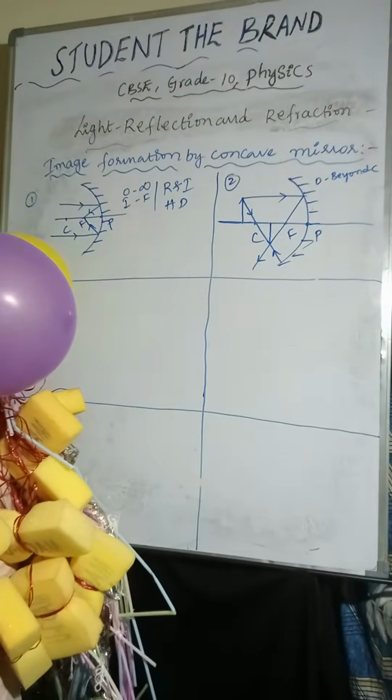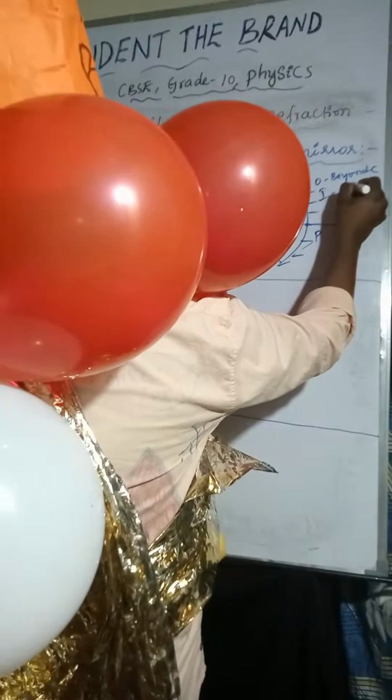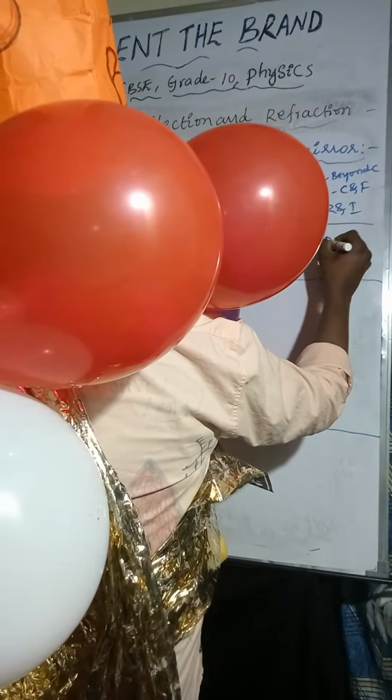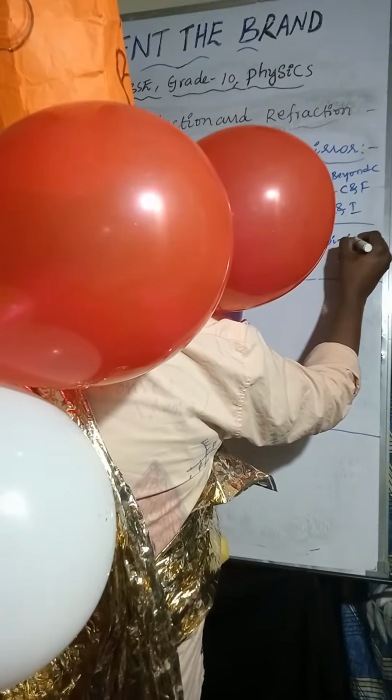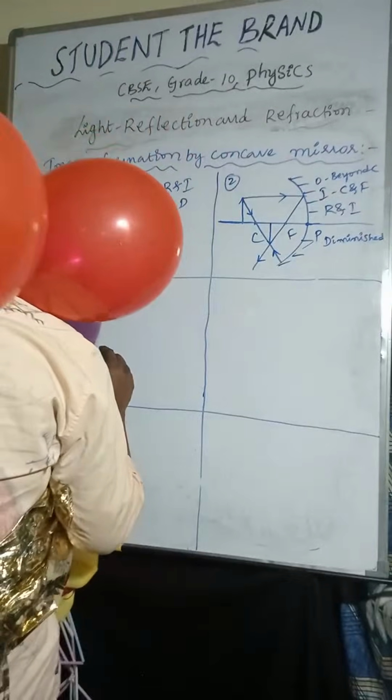So object is placed beyond C. Image is forming between C and F. Nature of the image is real and inverted. Size of the image is diminished. Okay, so coming to third one.